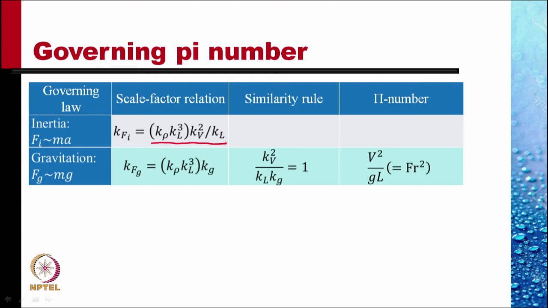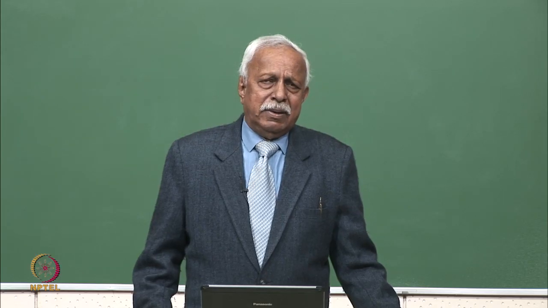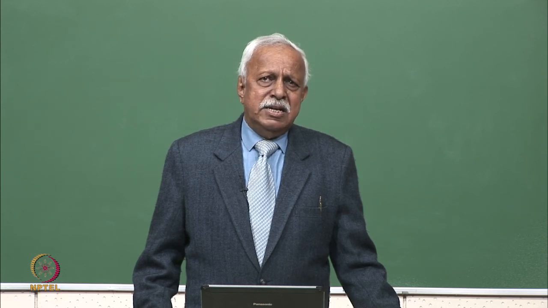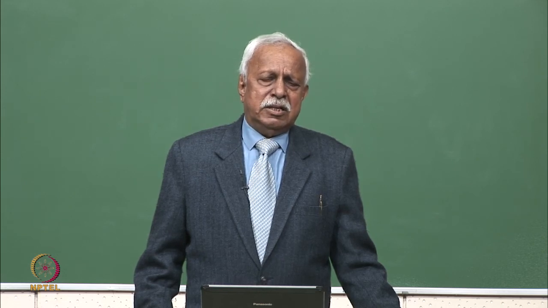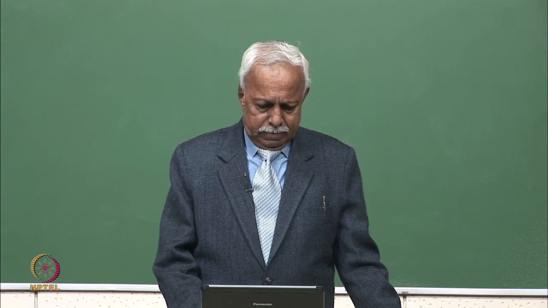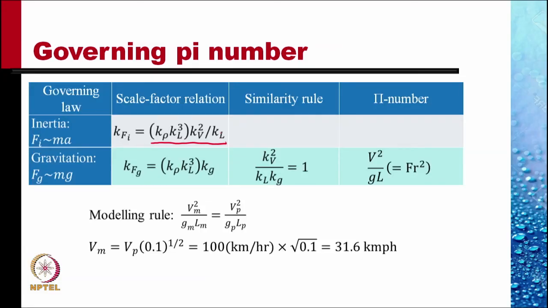So, the modeling rule is V square by GL in the model should be equal to V square by GL in the prototype, where the characteristic nature of these parameters are understood. So Vm is Vp into square root of Lm by Lp.